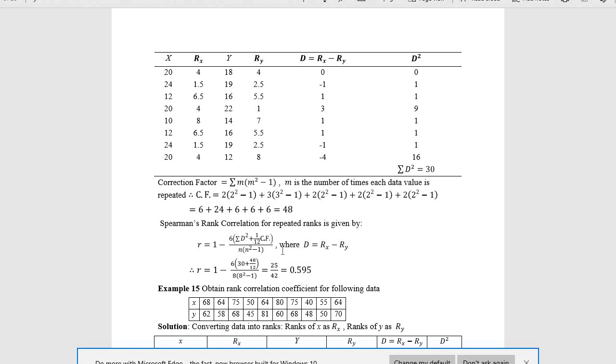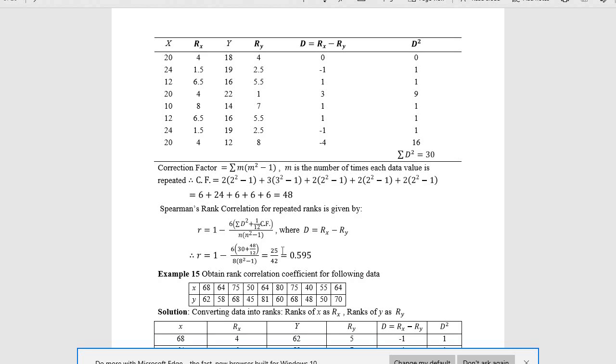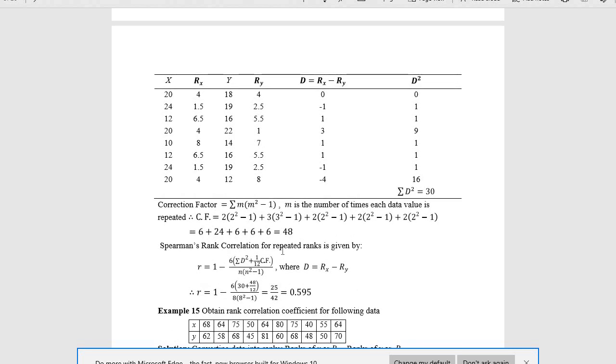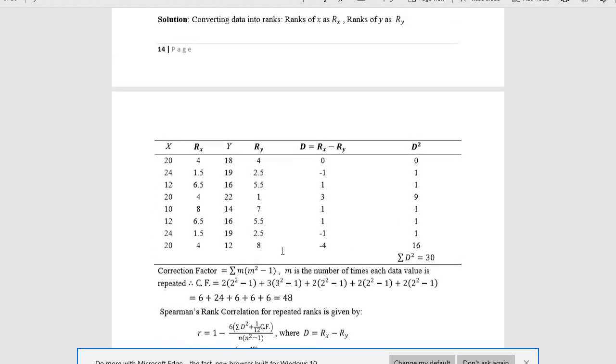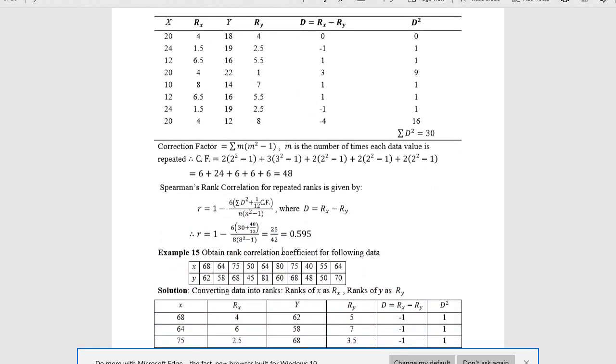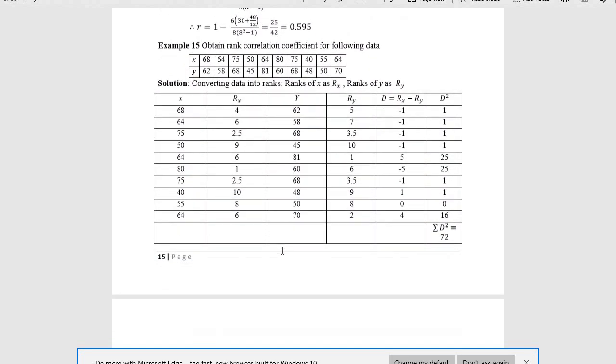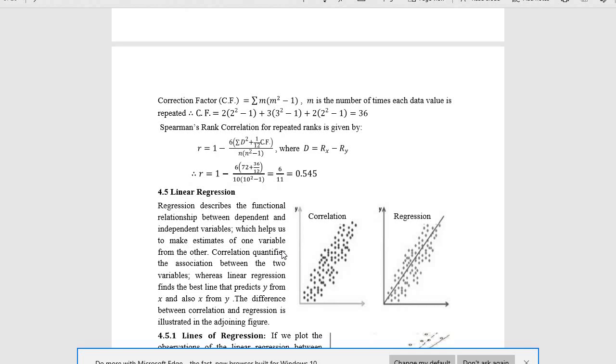Thrice, so 5 for each. Next, the 7th rank is 14, and 12 is taken as the 8th rank. Like that we have to give the numbers here. The logic at the time of repeated ranks is very important to understand first. Then substitute into the formula and get the rank correlation.